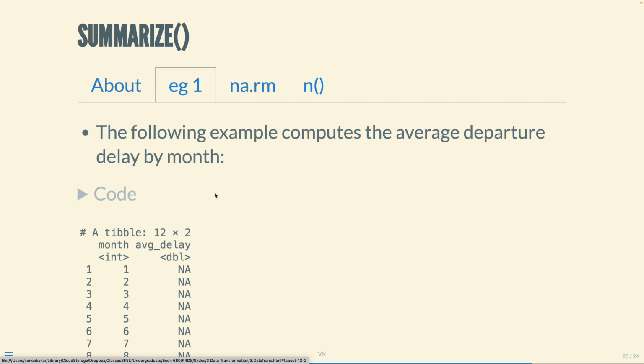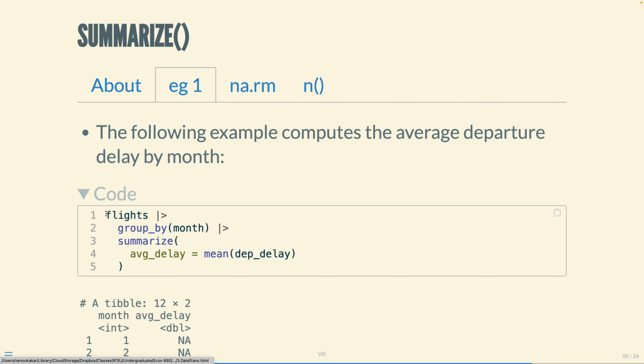So let's take a look at how we can compute the average departure delay by month, okay? So we can take our data set, flights, and then we can group by month. And then we can use the group by with the summarize, the very powerful summarize function. And within summarize, we're going to write down the name of the variable that we want to create, just like what you were doing in mutate.